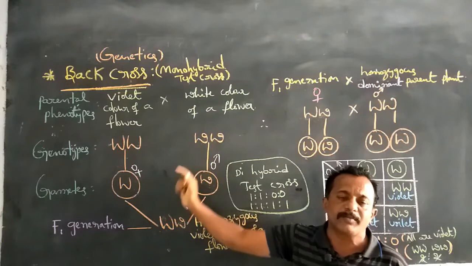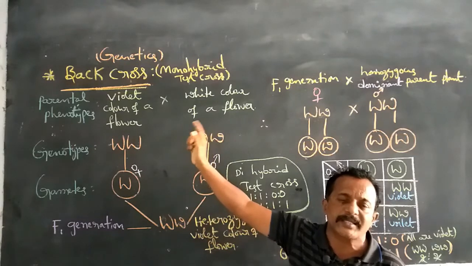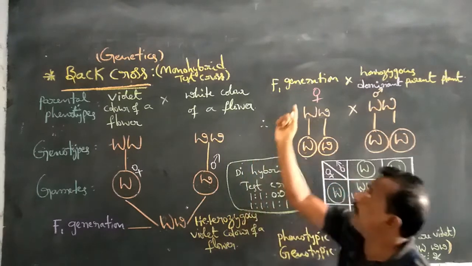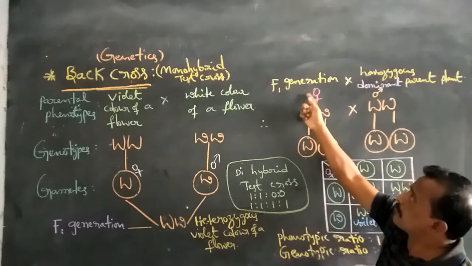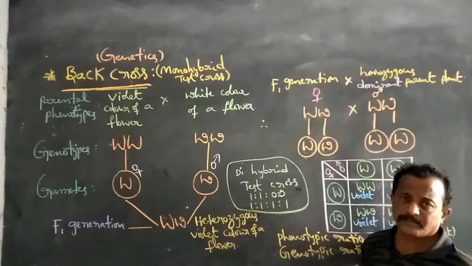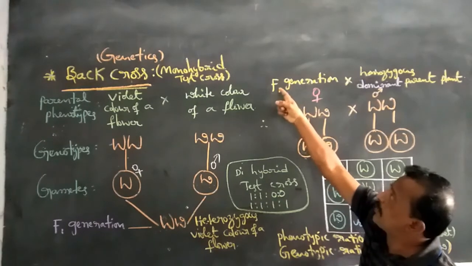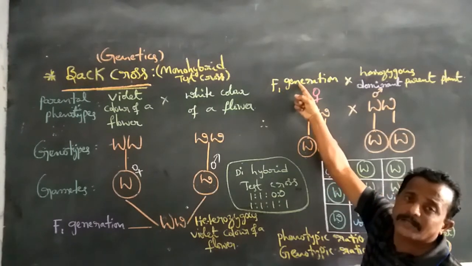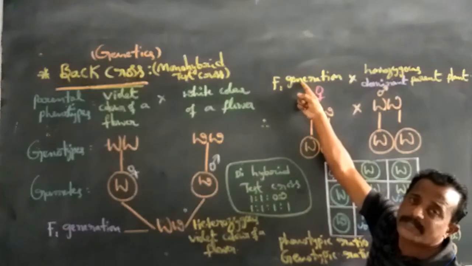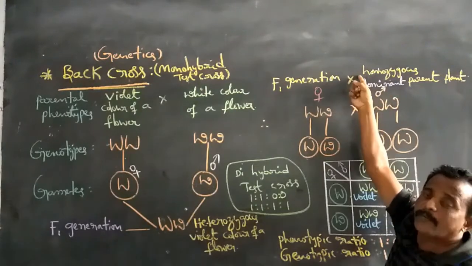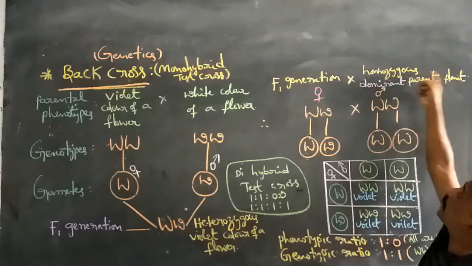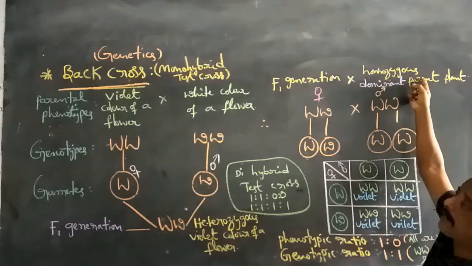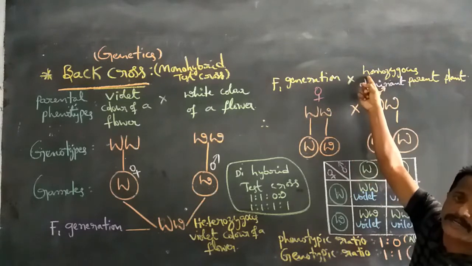So this is similar in both back cross and test cross, but they differ in the F2 generation. So back cross means the F1 heterozygous plants crossed with any one of the parent plants, or the homozygous dominant parent plant, that is called back cross.